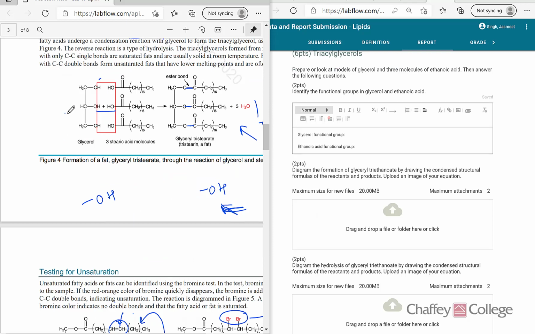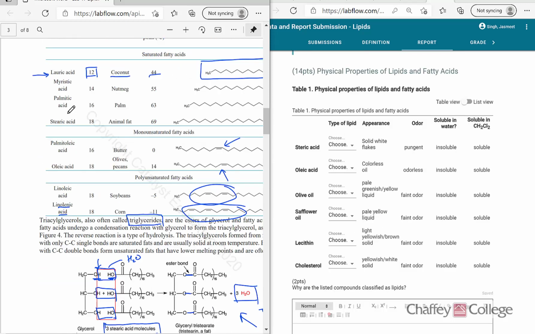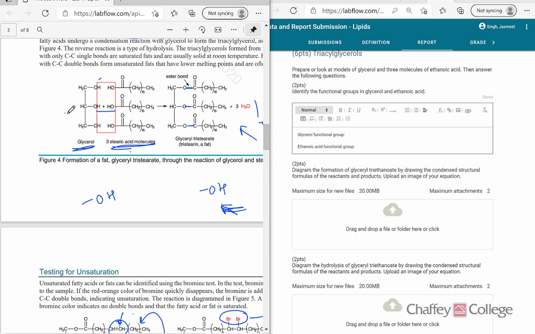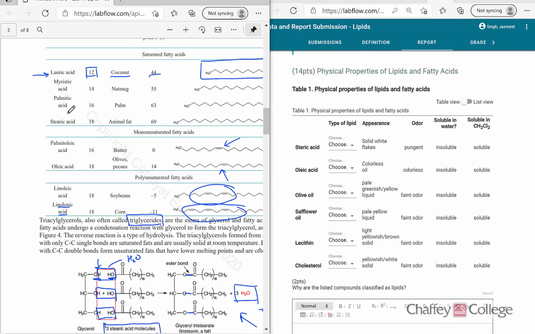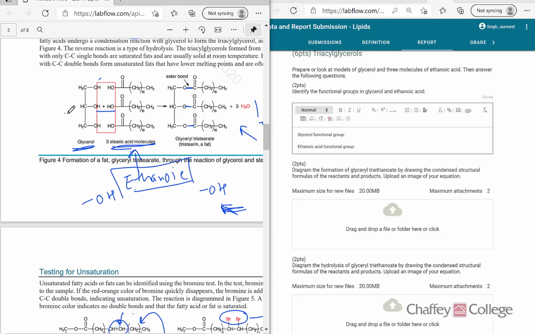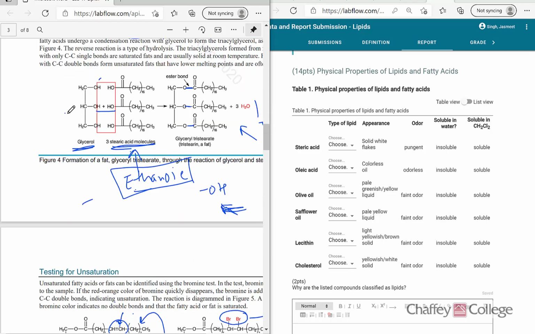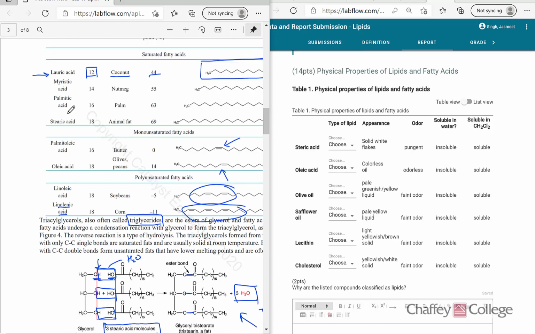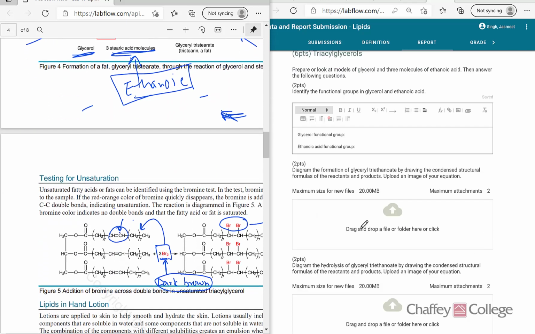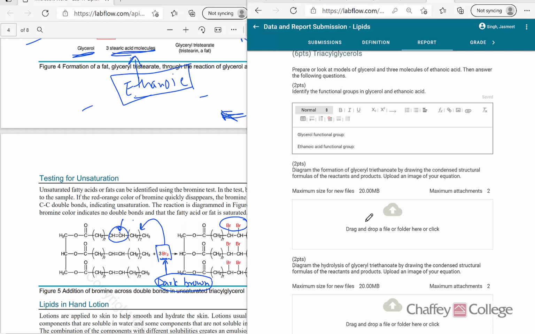In this reaction, glycerol is reacting with stearic acid. All you need to do is, instead of stearic acid, use ethanoic acid. So find the structure of ethanoic acid, replicate this reaction, and then upload your reaction here.